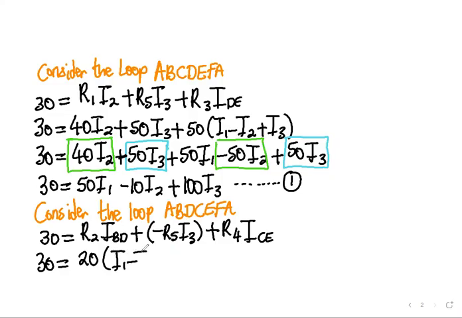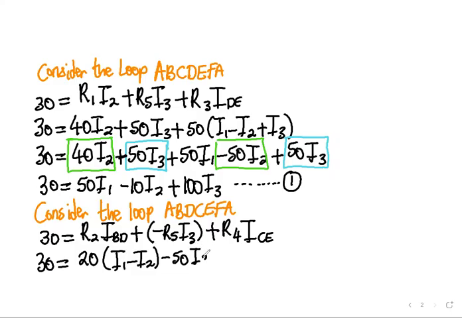So you'll write I1 minus I2. And then positive times negative, we know that is gonna be negative, and then our R5 resistor, just write minus, and then our R5 resistor is a 50 ohm resistor.